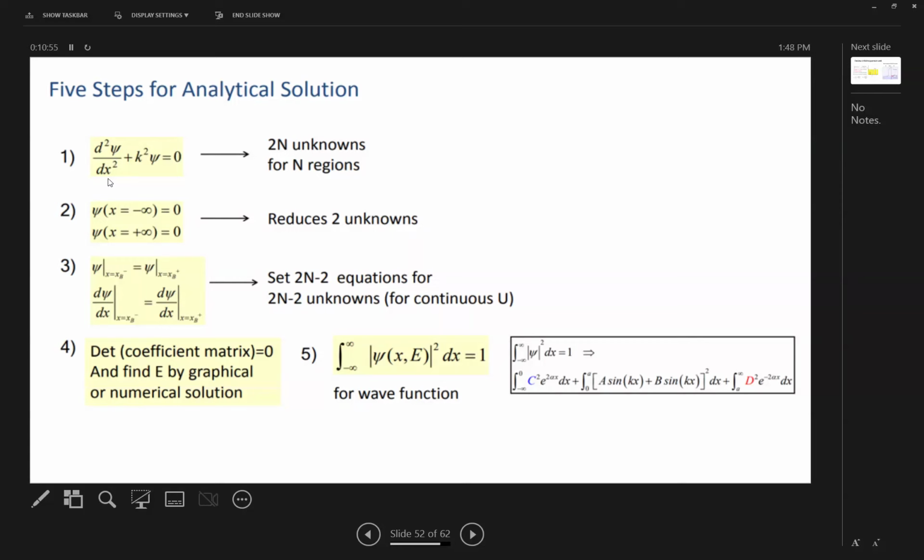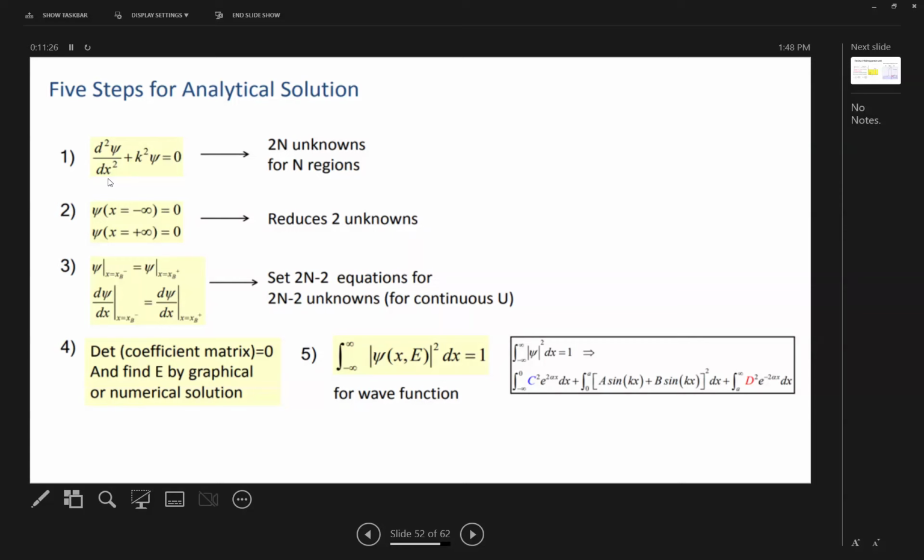So for each of these regions, you will have two parameters. For instance, let's look here in the middle. You have two parameters, A and B, okay? In a similar way, when you go outside of the potential, you will also have two parameters, like let's say D and E. But then at the very end, we know that since all these wave functions, when you integrate them together, they must give a value of unity.